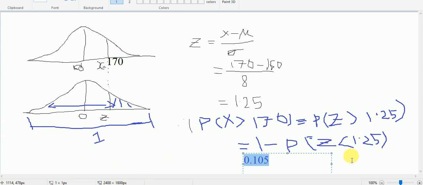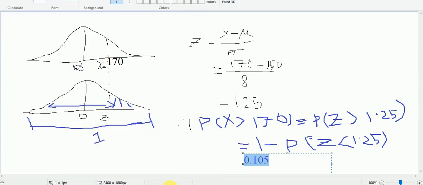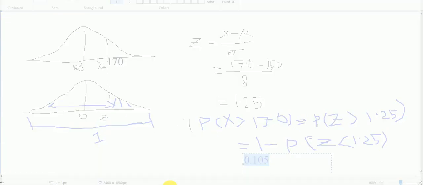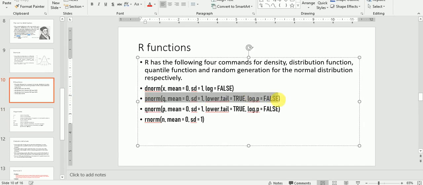How to find this using R? Let me open R. For R I have told that we will use the pnorm function.